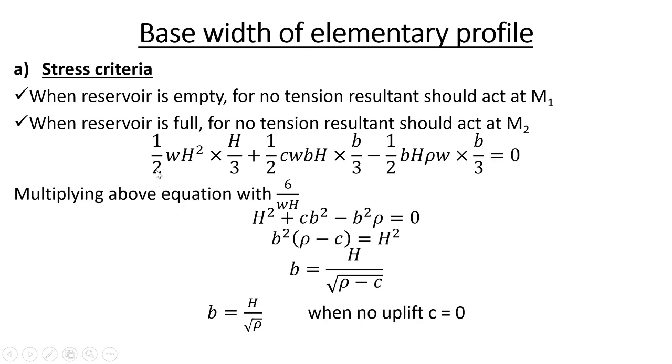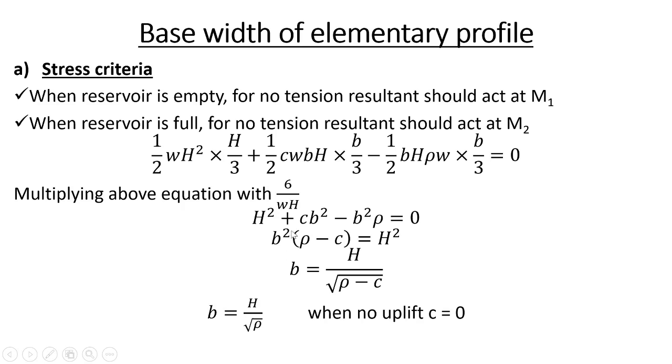Now multiplying this entire equation using a common term, 6 divided by w into h, you do the calculation. After multiplying, this whole equation will change to h square plus cB square minus B square rho equal to 0, where rho is the specific gravity of the dam material.